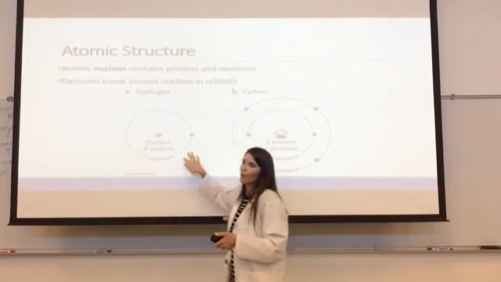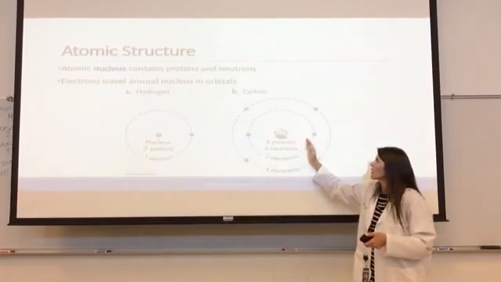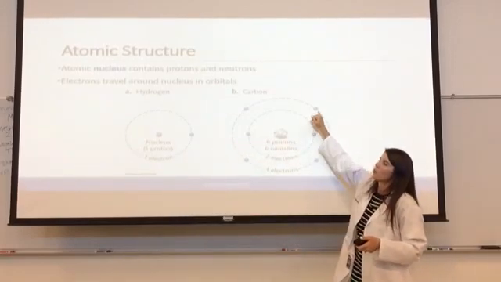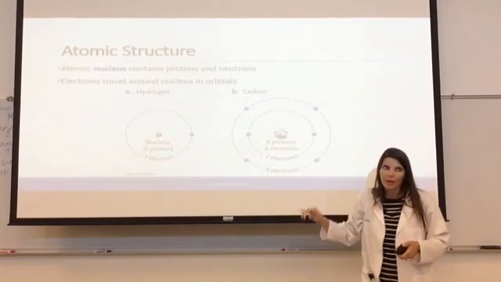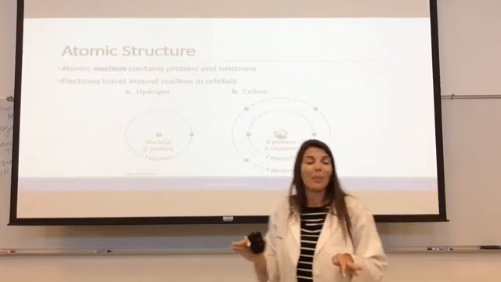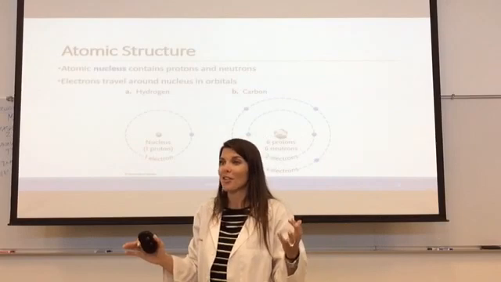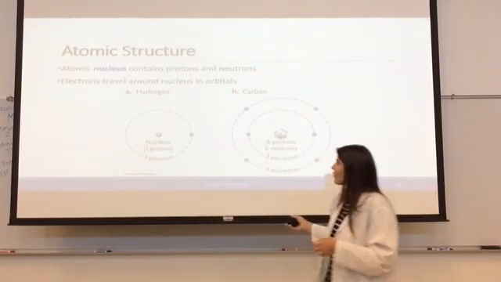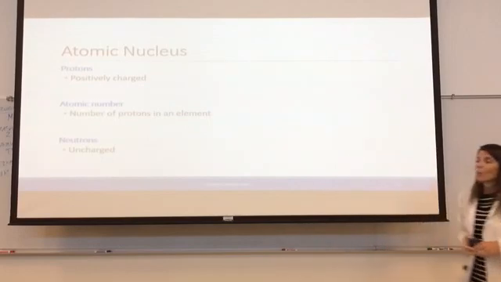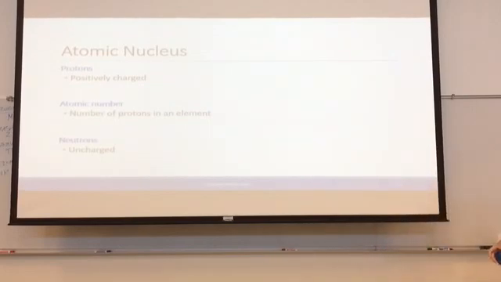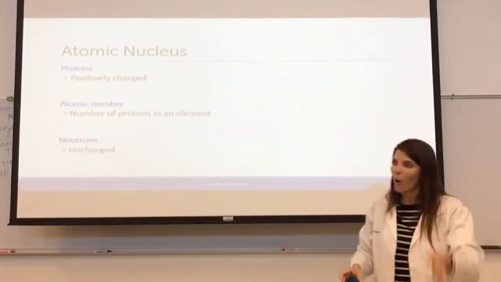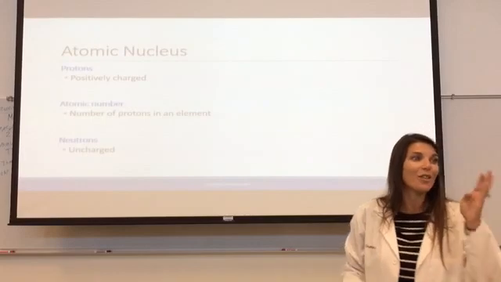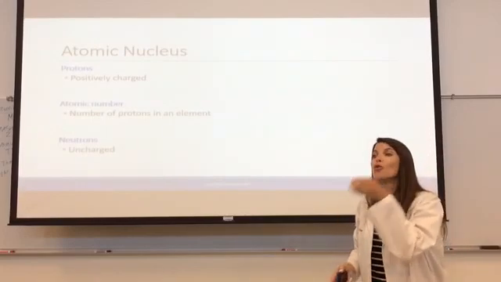Around the nucleus, in the energy levels and within orbits, we will find your electrons. Okay? And so we're just going to do some basic proton, neutron, electron talk. For those of you who are okay with that, then this should be a breeze for you. So protons are positively charged. Neutrons are neutrally charged. I say it every time. I always say that. So I want to make sure I say neutrons are neutral.